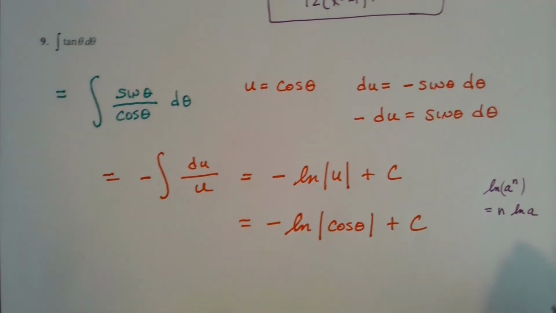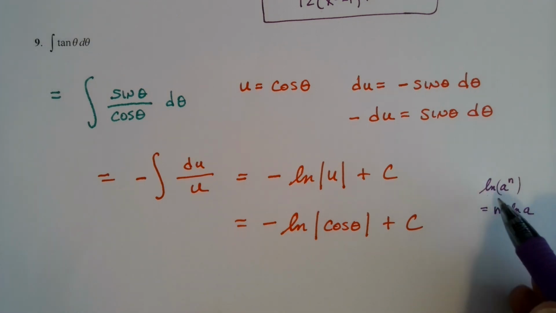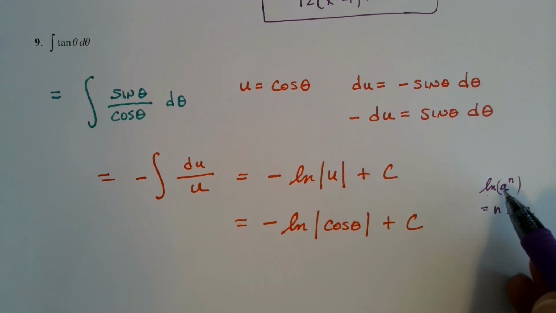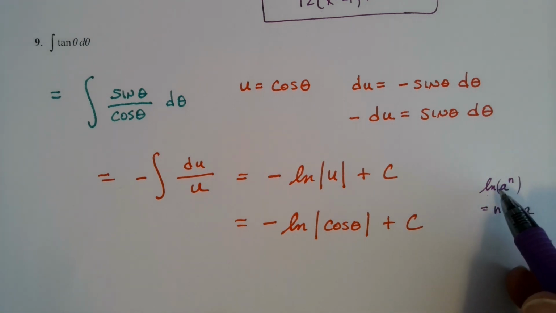That relationship comes from the fact that logarithms are exponents. When we're finding the logarithm of an exponential expression raised to another power, we multiply the powers.